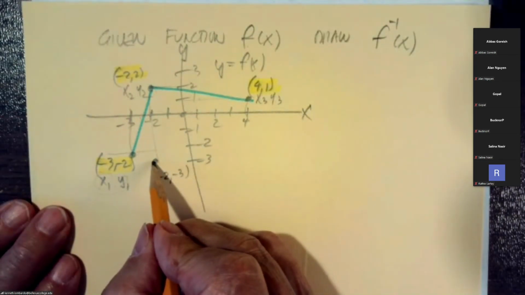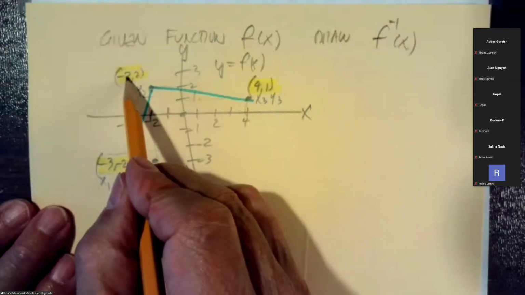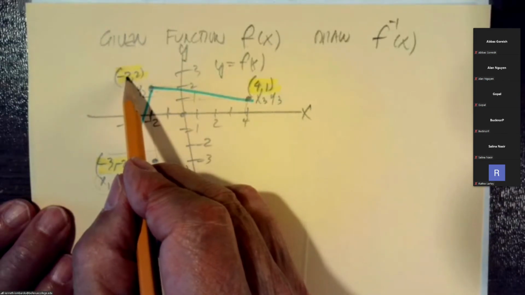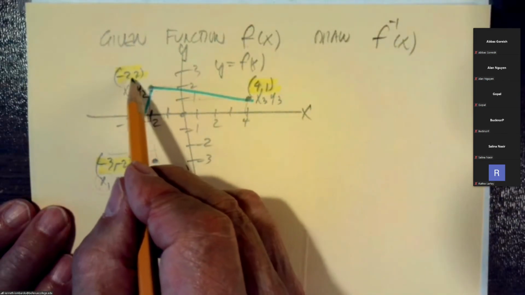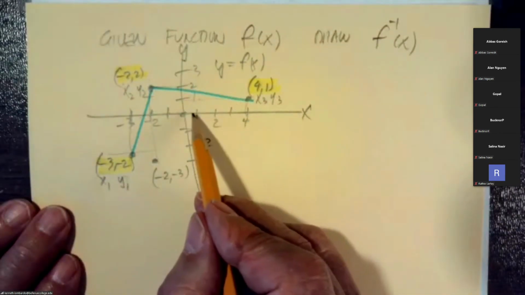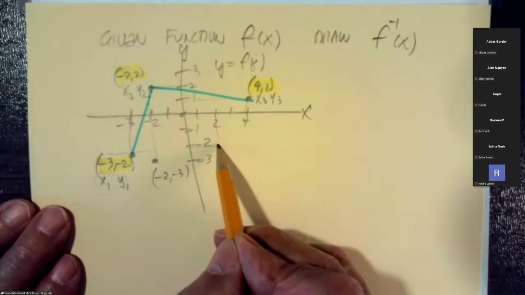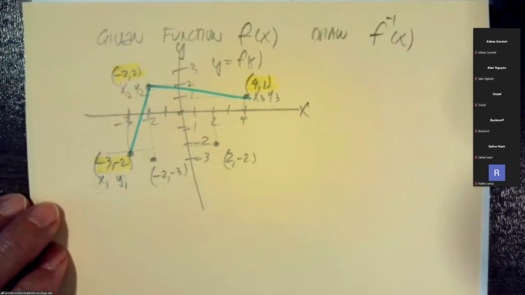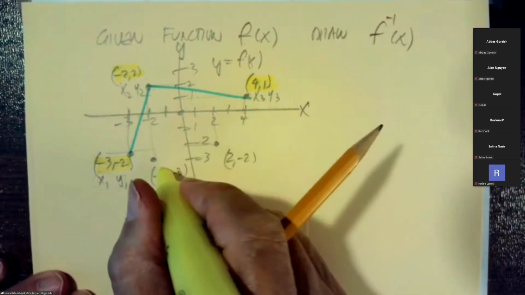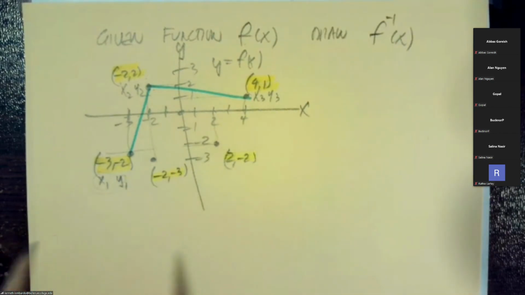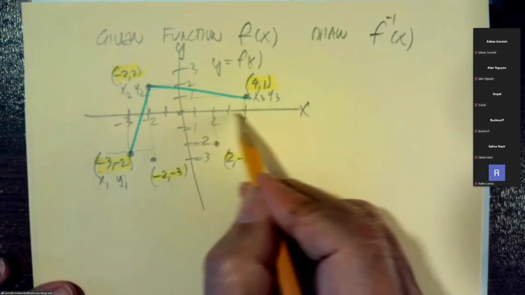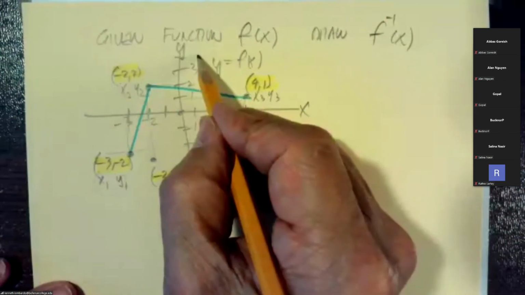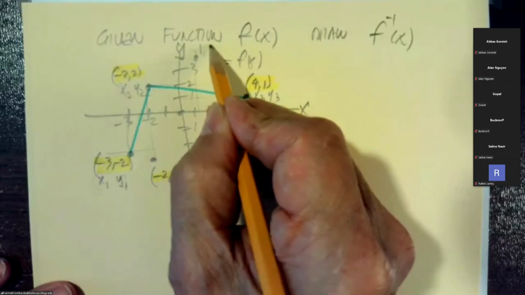There's that point. And I take this point up here at 2 and 2, and I swap those and I get 2, -2. So I get something over here, 2, -2. And I'll highlight these so that you can see them better. And then I have a point out here at 4 and 1, and I swap those points and I go 1 and 4. So I'm up here at 1 and 4.